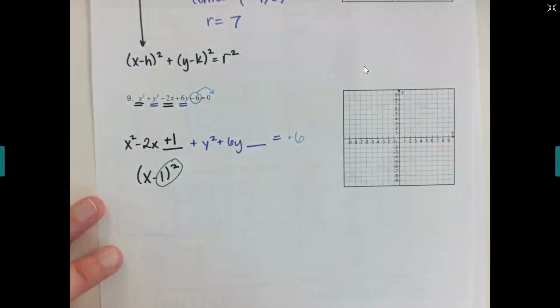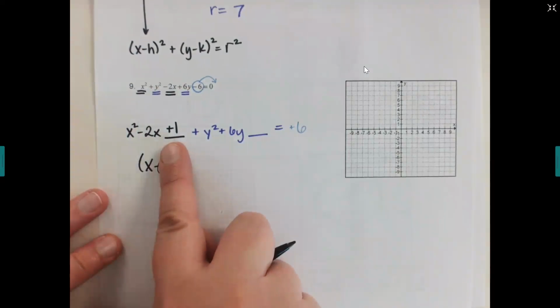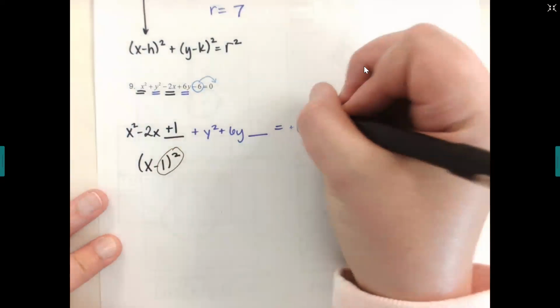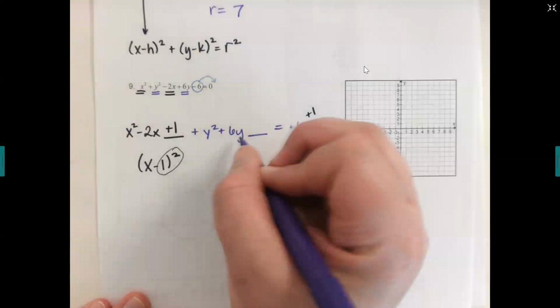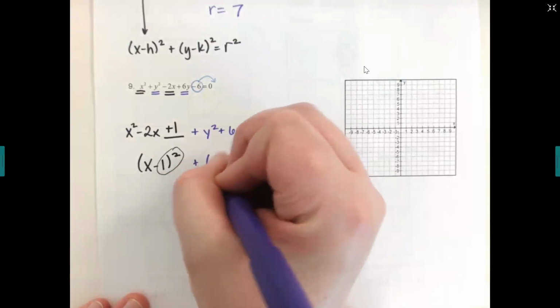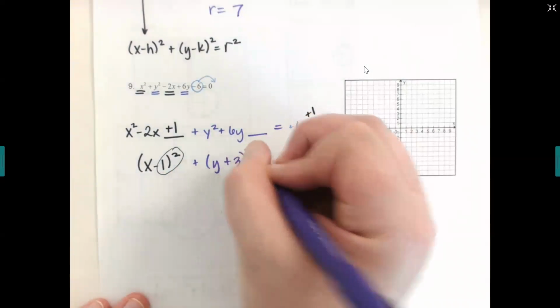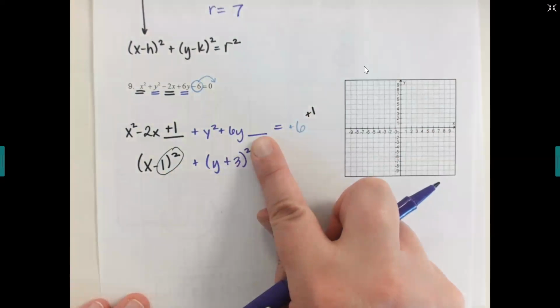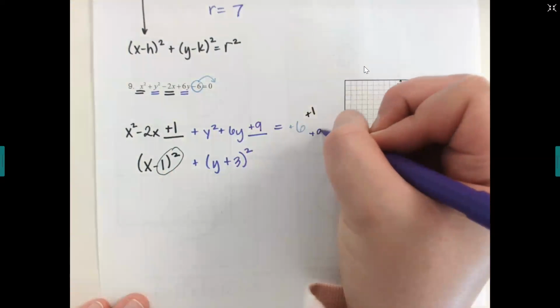What did I forget? If I add the 1 here, gotta add it over here to the 6. Very good. Okay, now we're doing our y's. What was my middle y? I can only take half to complete the square. How much am I taking? Y plus 3. And then what's 3 squared for me to fill in the blank? 9. And then if I put a +9 here, I have to put a +9 over there.